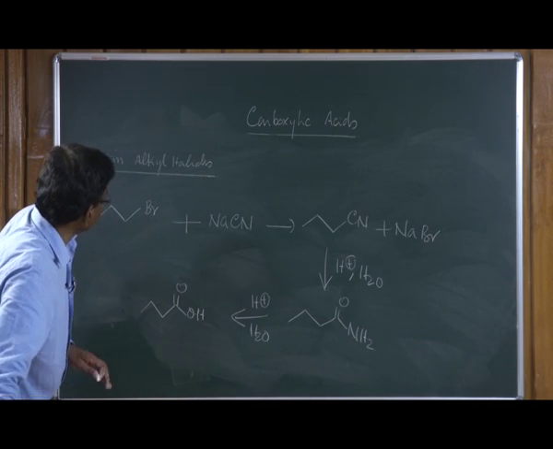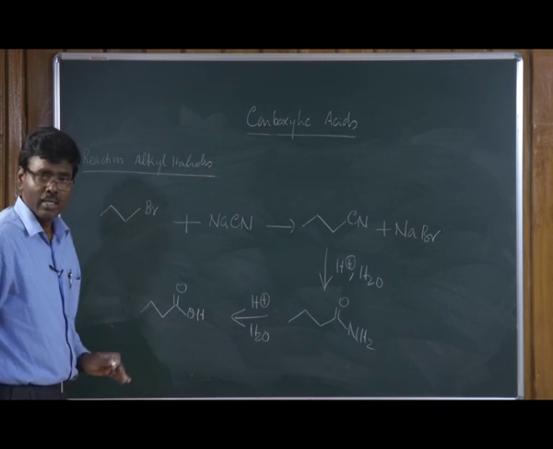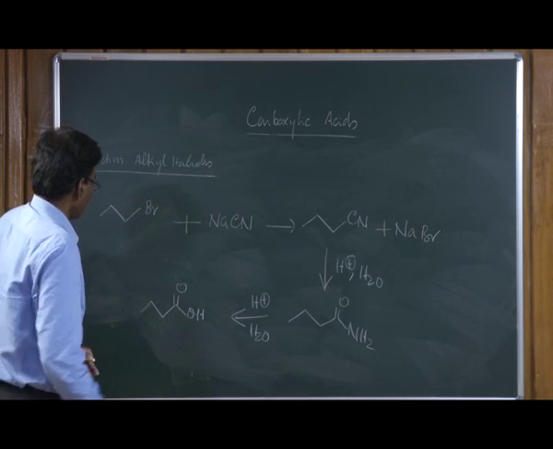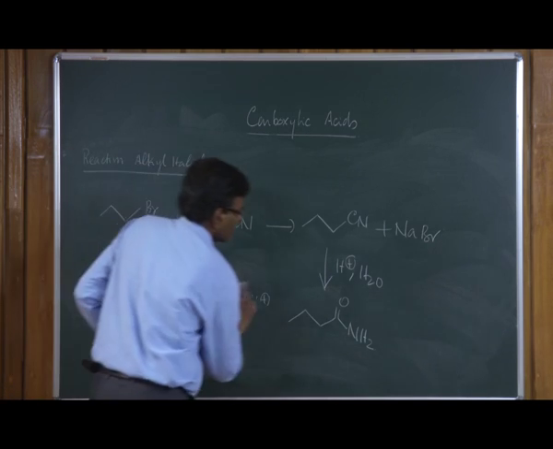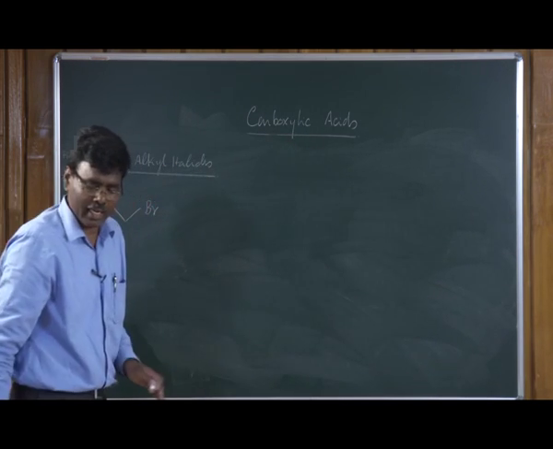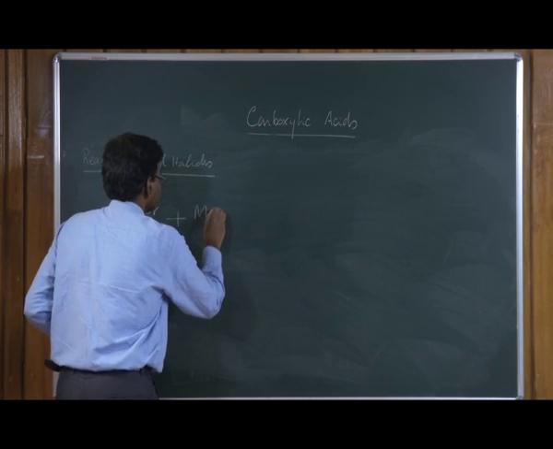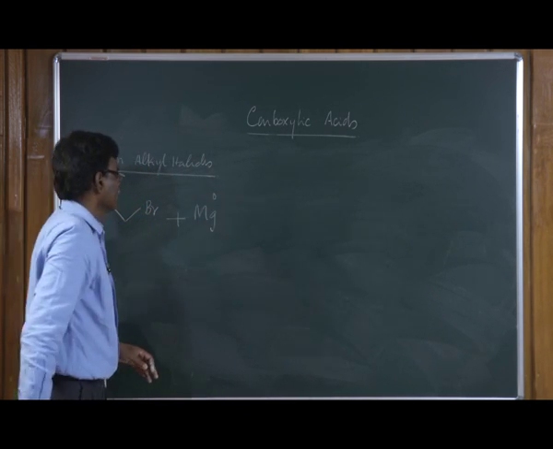This is one of the reactions by which you can transform alkyl halide to the carboxylic acid. The other example is you can also react the alkyl halide with magnesium.